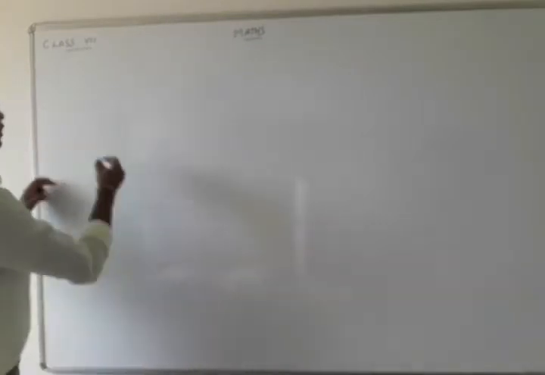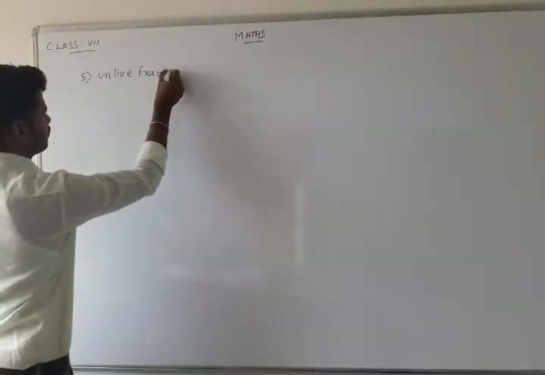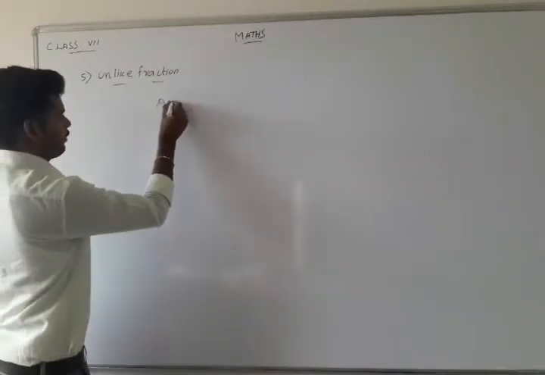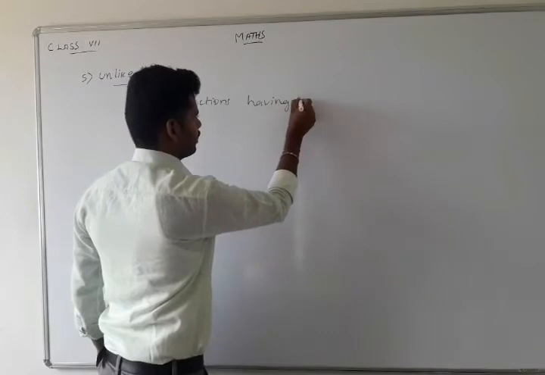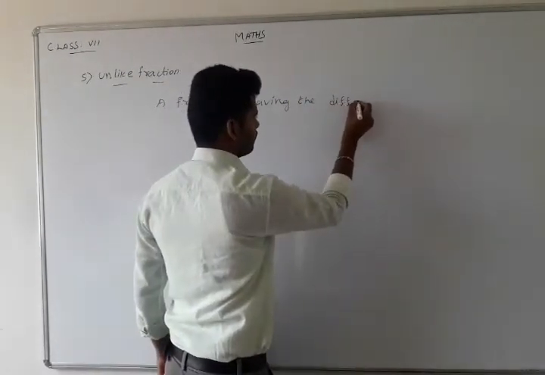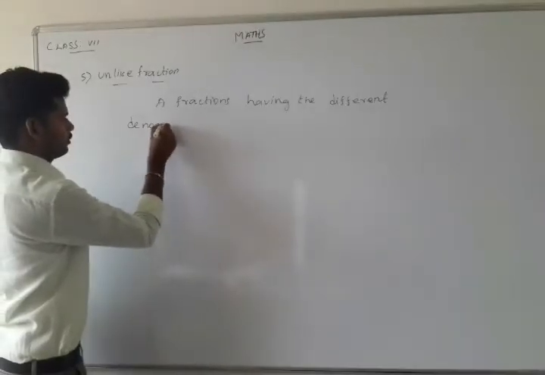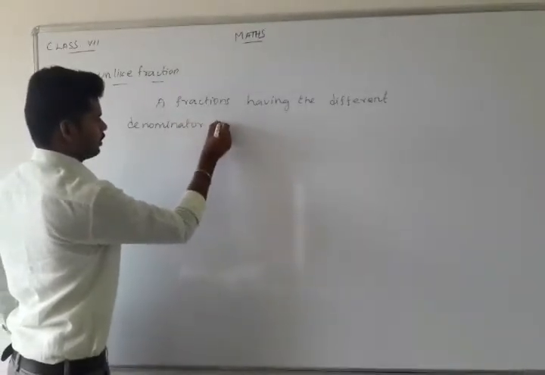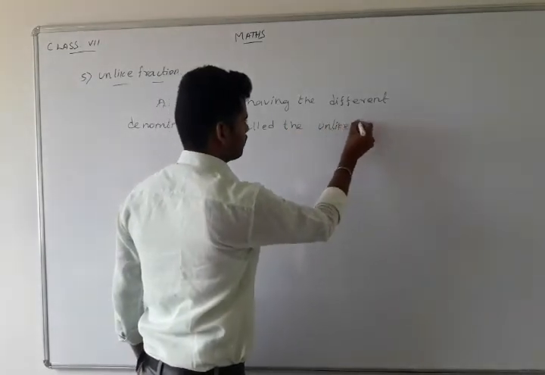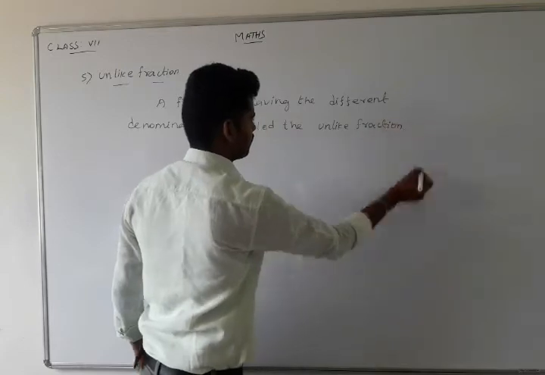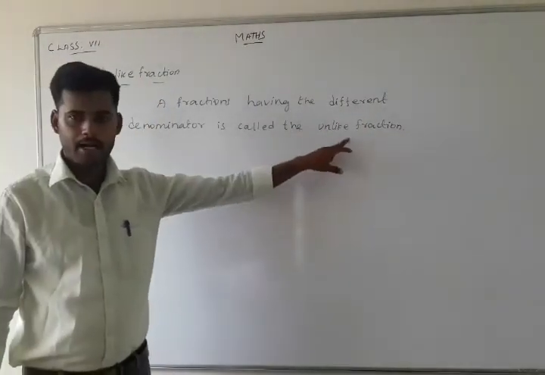Next one, unlike fraction. Fractions having different denominators are called unlike fractions.